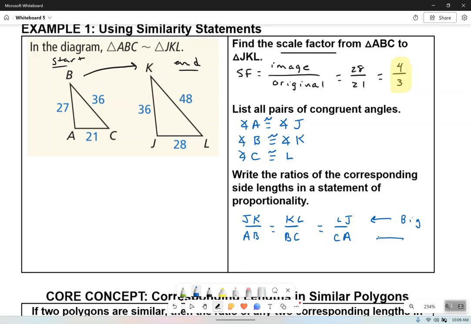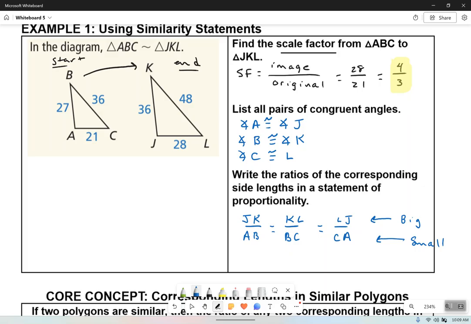And aren't all the distances on the bottom that I listed from the small triangle? Okay, and you can switch them around as long as you stay consistent. If you start with the small one on top, leave the small distances on top. If you start with the big distances on top, leave the distances from the bigger triangle on the top. Okay?